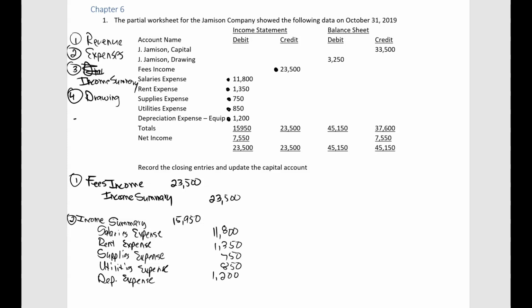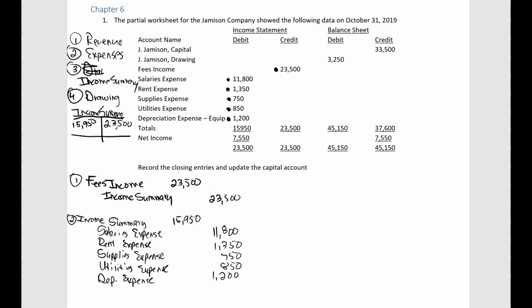Okay, now let's look at income summary. Income summary has a credit balance of $23,500 from closing the revenue, and then we just debited the account $15,950. You can see here that our third closing entry is to close income summary.